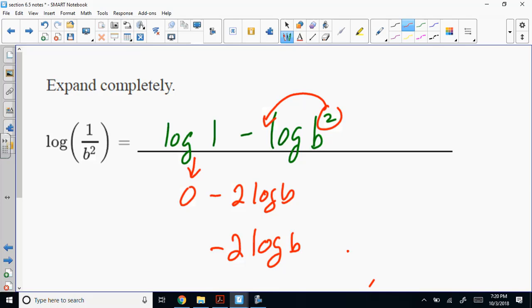So on the test, we would have to not miss the -2. That's exactly right. 0 is nothing, right? Okay. Any questions?